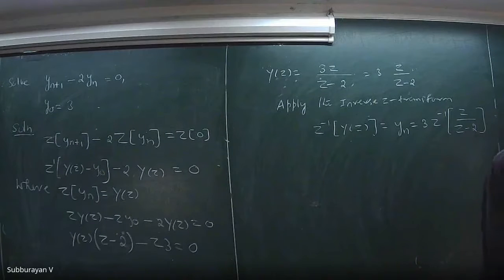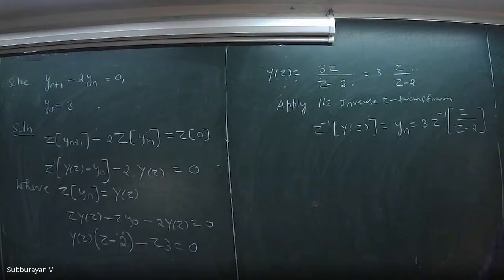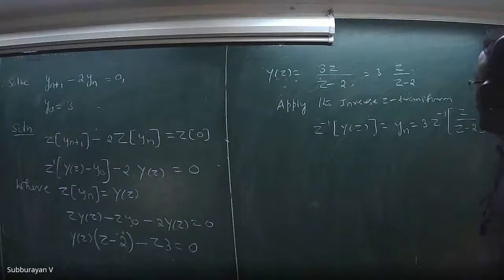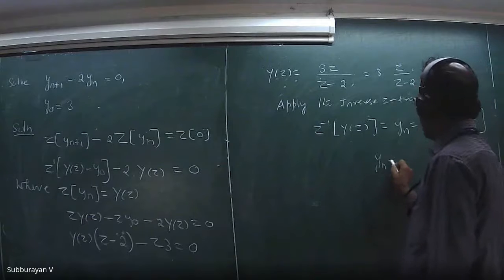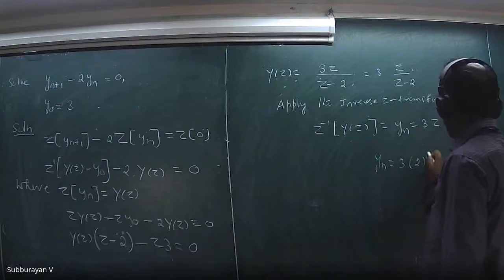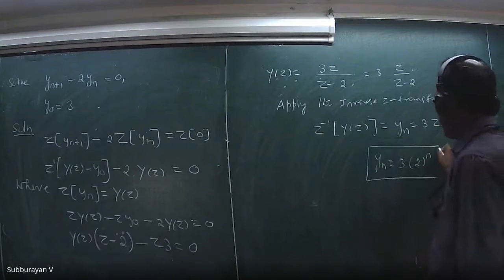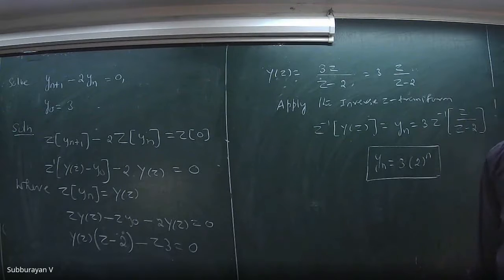Now tell me, what is z inverse of z divided by z minus 2? 2 power n. So therefore our y(n) is 3 into 2 power n. That is the required sequence. Okay, is it clear?